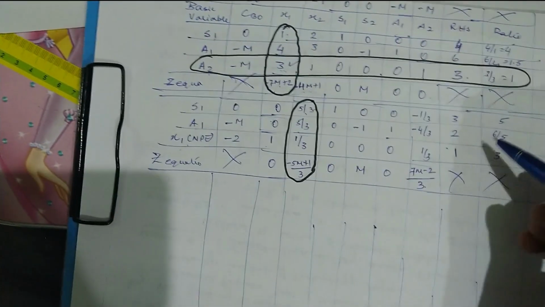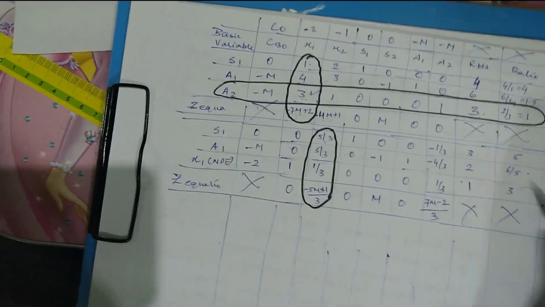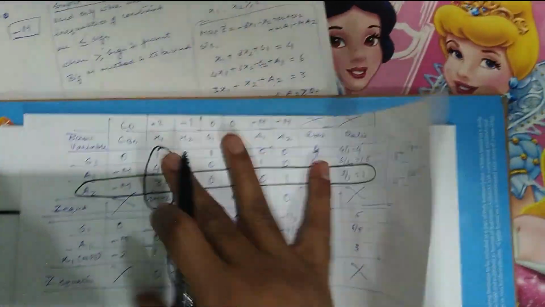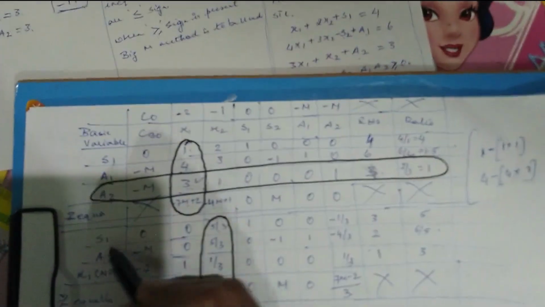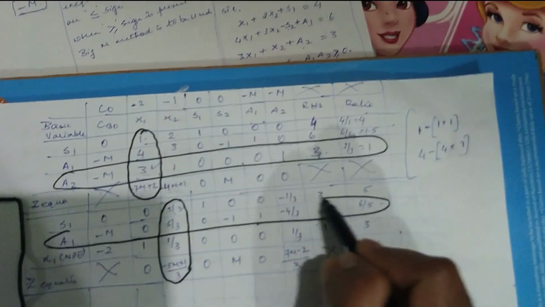So the least possible value amongst all of these is 6 by 5. So therefore I'm going to consider this 6 by 5 as the leaving row.